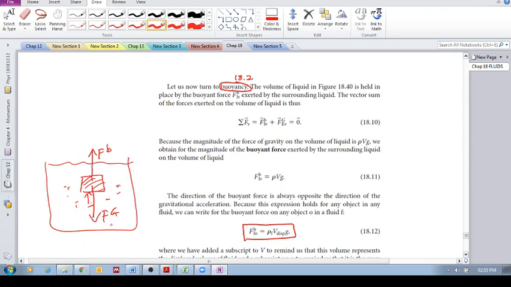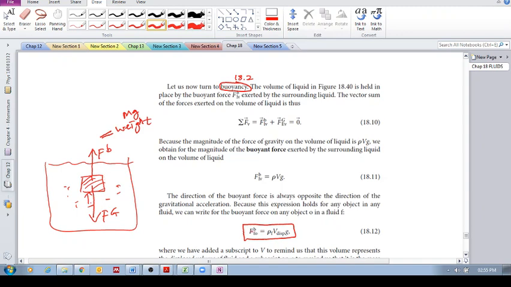And then there's a downward gravitational force. So there's an upward buoyancy force and a downward gravitational force. The basic idea is that the upward buoyancy force is equal to the weight, the mg, of the displaced volume of fluid.